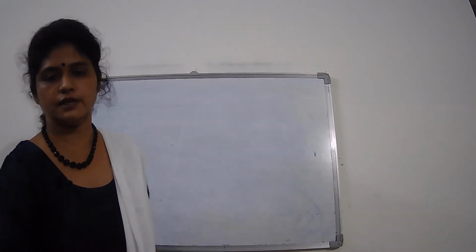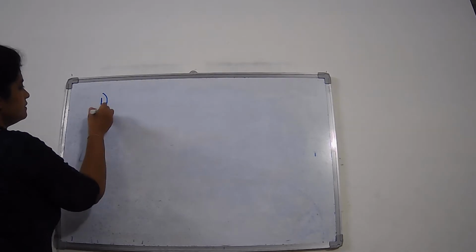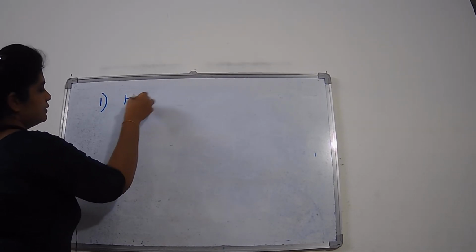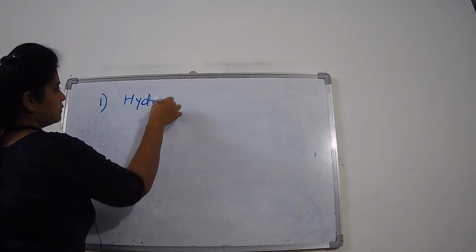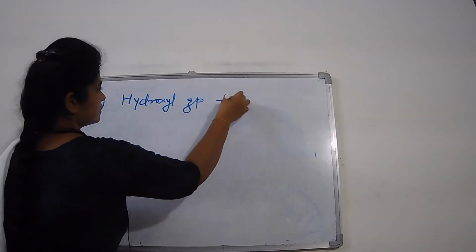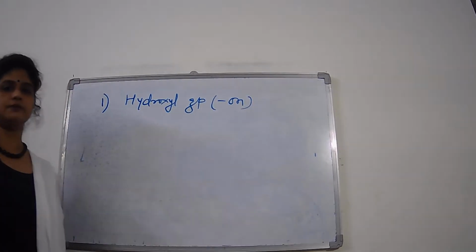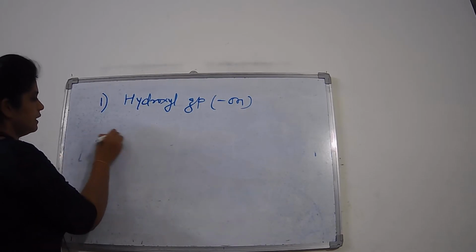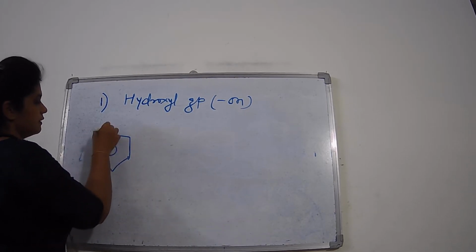The first reaction is substitution by hydroxyl group, meaning OH. When this Cl gets substituted by OH, our reactant is chlorobenzene.